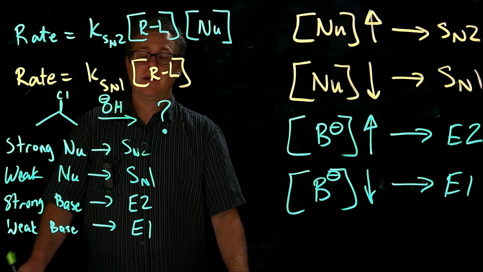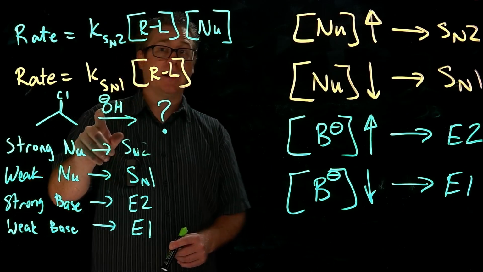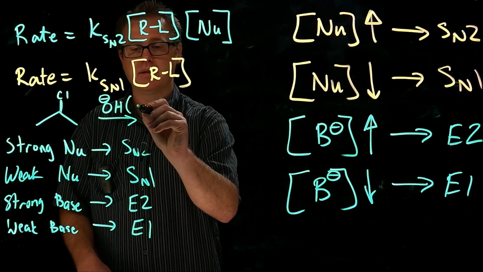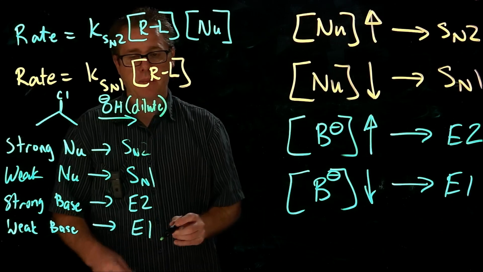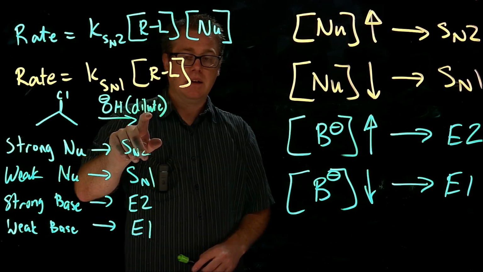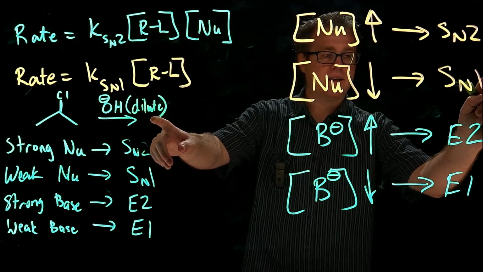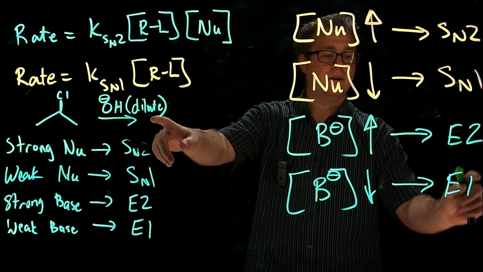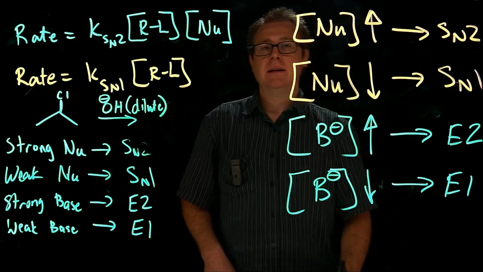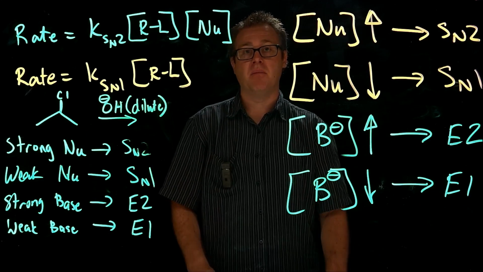The only way that you're going to know if the concentration of that attacking species is dilute is if I spell it out, if I go, in parentheses, dilute. Now you know that because this attacking species is dilute, the mechanism may favor an SN1 or an E1. I use the word may because we cannot look at just one of these principles and make a decision on the mechanism.